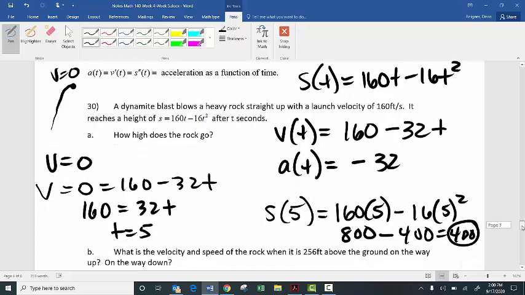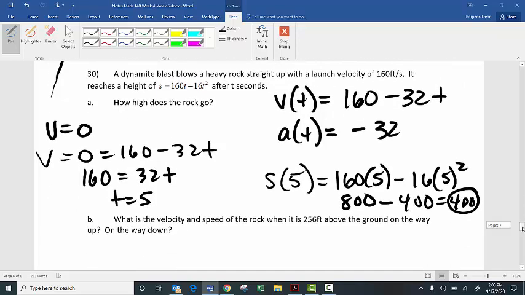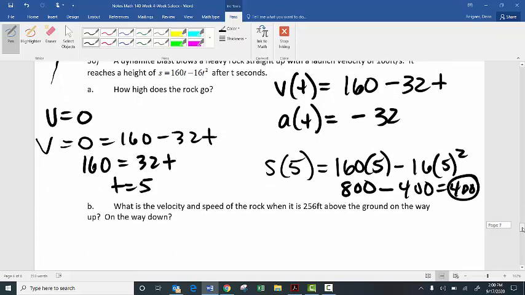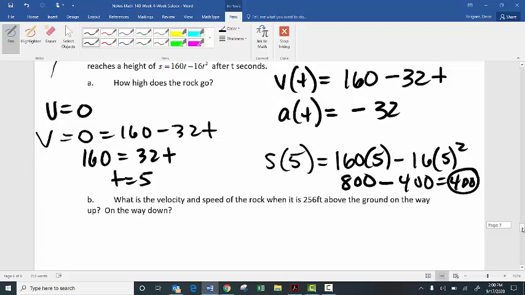Okay, so it says, what's the speed and velocity of the rock when it's 256 feet above the ground, on the way up or on the way down, okay? So velocity may be negative depending on the direction.